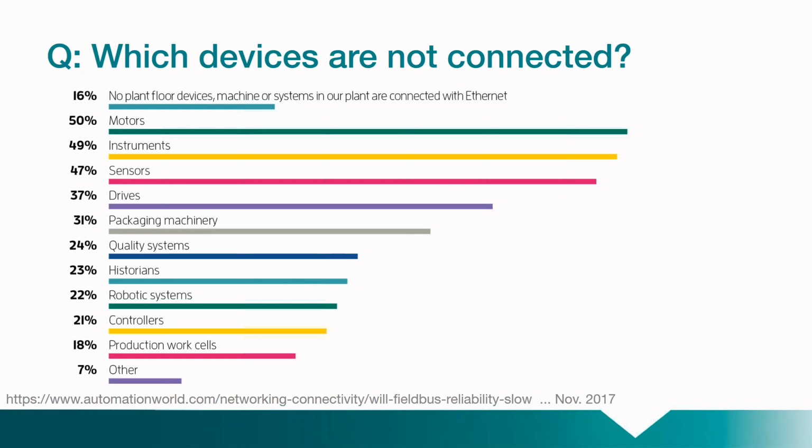So there was a survey done by Automation World that basically asked which devices are not connected. A lot of it was plant floors not connected, but motors, instrumentation, sensors, drives, packaging machinery, quality systems, even historians were not connected.